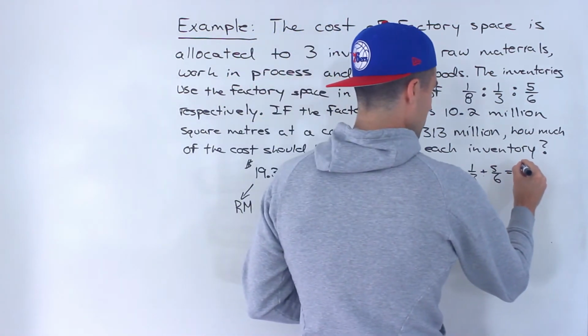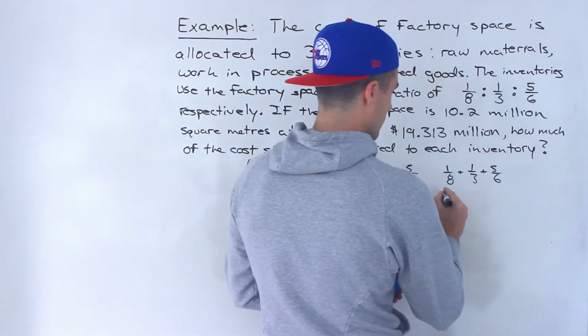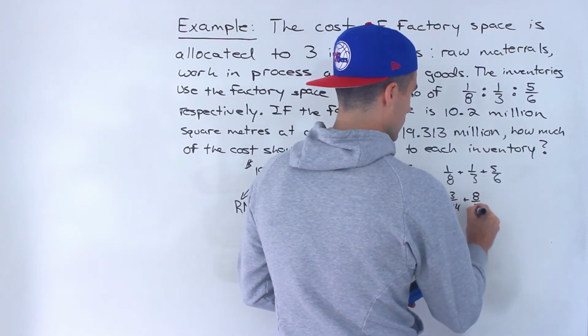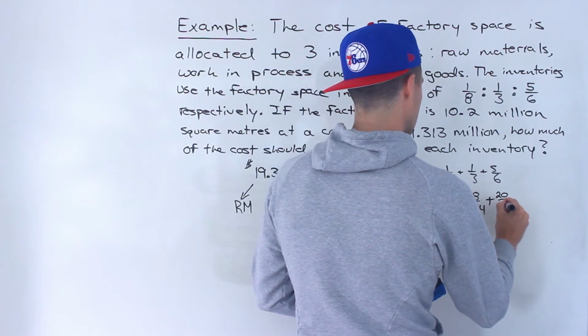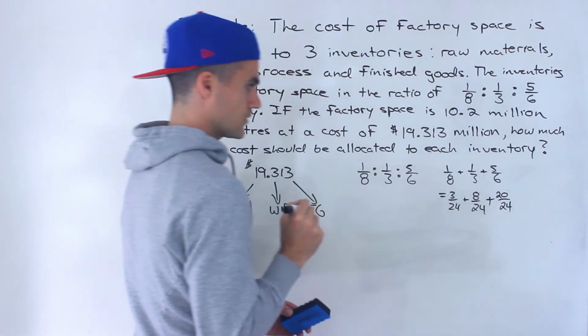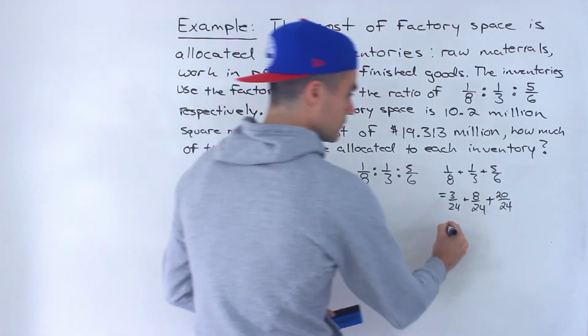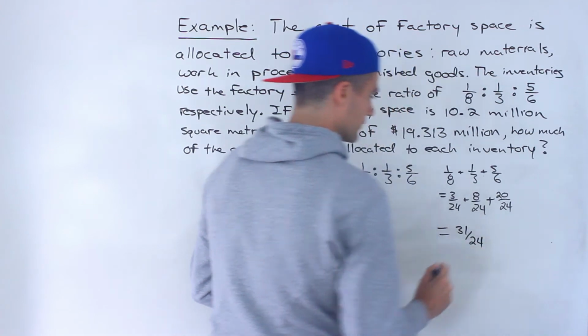The common denominator would be 24. So we'd have 3/24 plus 8/24 plus 20/24. If we add up the numerators, that would be 31/24.